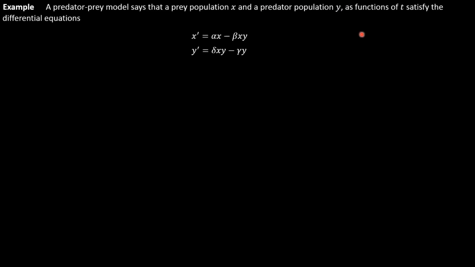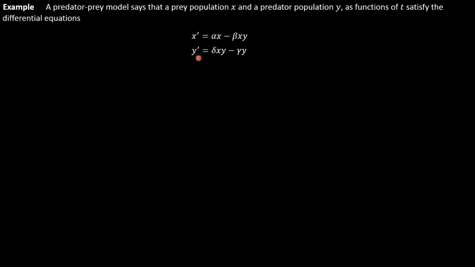The reasoning is that the more predators you have and the more prey you have, the more they're going to interact. So x times y measures the interaction. It's a simplistic model, but it's also reasonable. So prey in the absence of predators would grow exponentially, but they also die proportionally to the amount that they're interacting with predators. So that's what this first equation says.